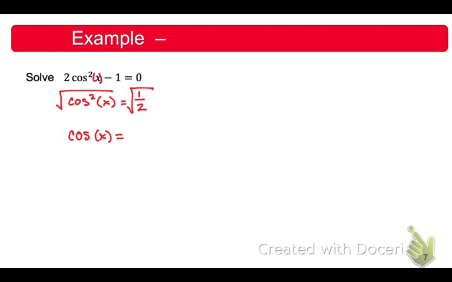When I take the square root of something, the answer is what and what? Plus or minus. So this would be 1 over the square root of 2, or plus or minus square root of 2 over 2. So that's all 4 quadrants, isn't it? Yeah, because it's plus and minus.